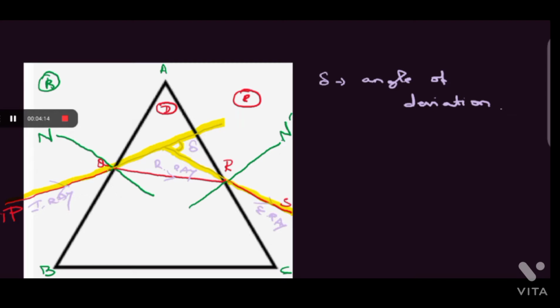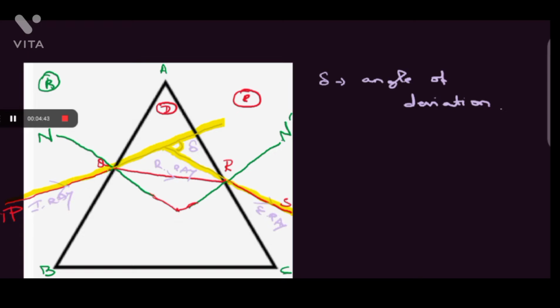If I extend these two normals so that they join here to make a particular angle, let me call this angle O, or you can name this as N, because they are both normals only.